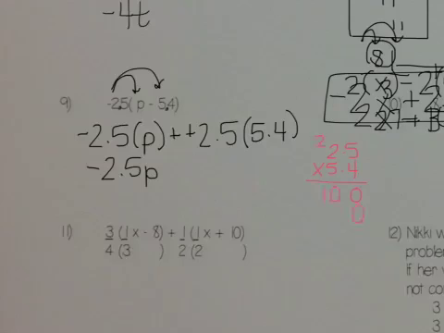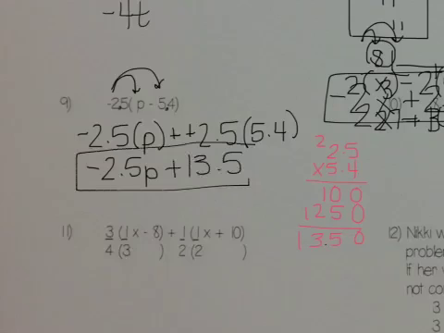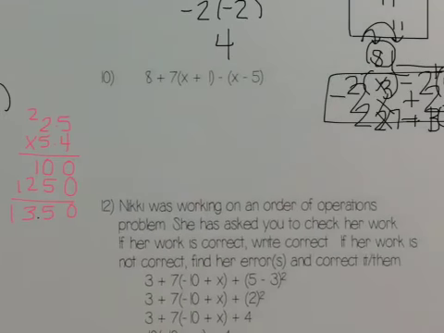Bring down our 0. 25, 10, 12. 0, 5, 3. We have 2 places after the decimal, so it's going to be plus a positive 13.5. We can't combine those two together because one has a p and one does not have a p.